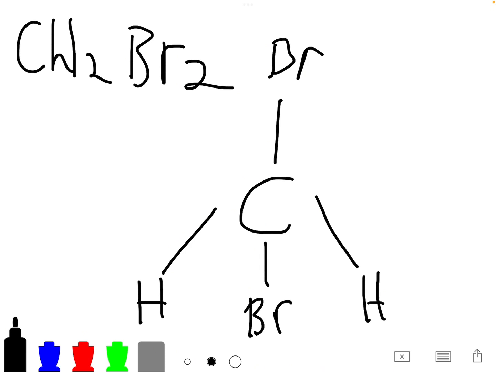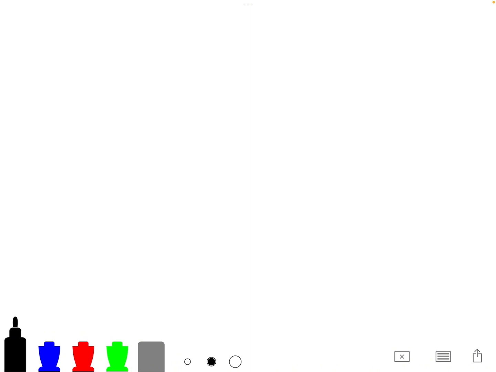Okay, and the last one for this is, I think, ClCN. So we got chlorine, carbon, and nitrogen. 16 electrons altogether. Carbon and chlorine. So put 2 here. 2, 1, 2. There's a triple bond right there.